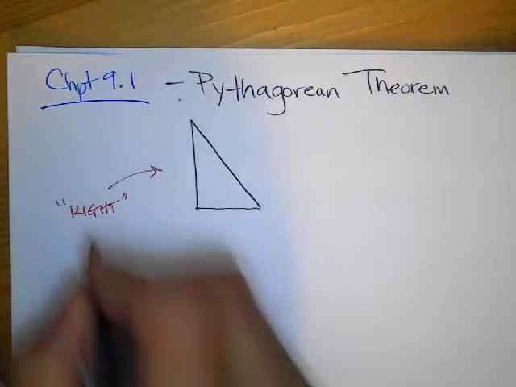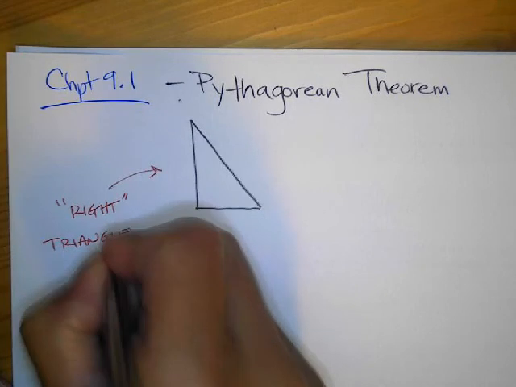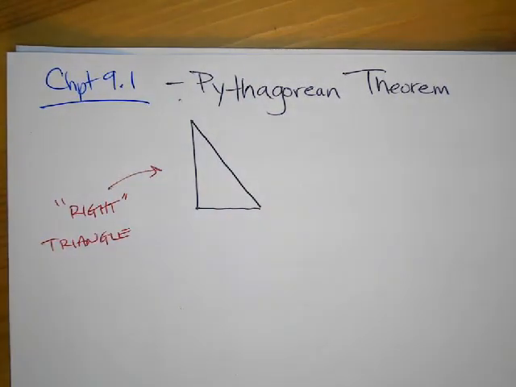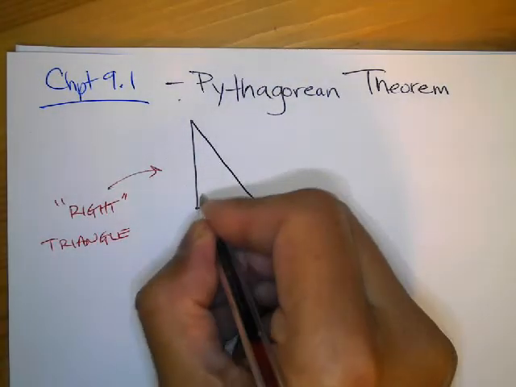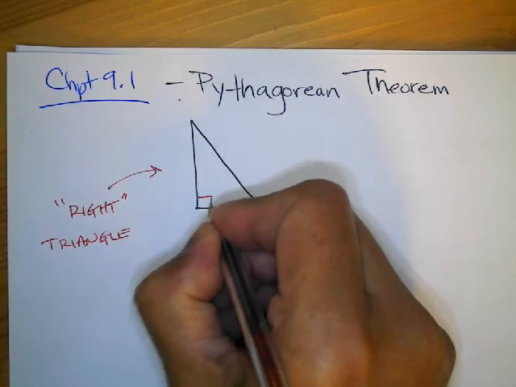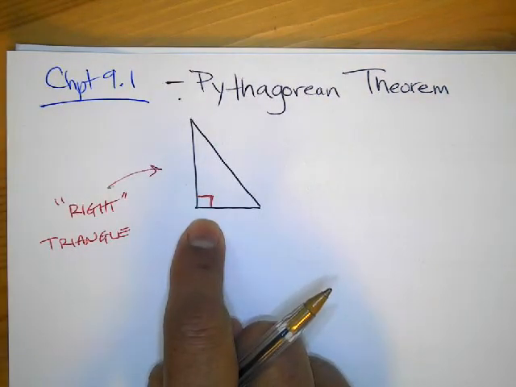when they talk about this word right, and I'm sure some of you know this already, and the bad thing, I noticed the worksheet just shows a triangle like this. When you hear this word right, it means what? What's the thing that makes it right? Well, it has a 90-degree angle, and usually this is the symbol for 90 degrees.